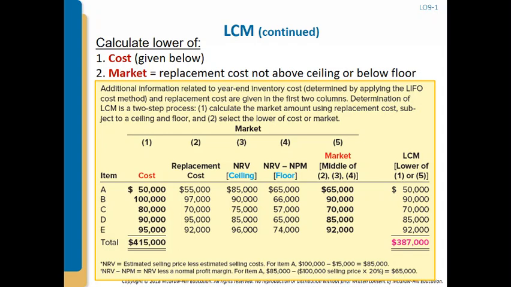So that's what we have here. In the second column, you have your cost. And so your replacement cost is your market.